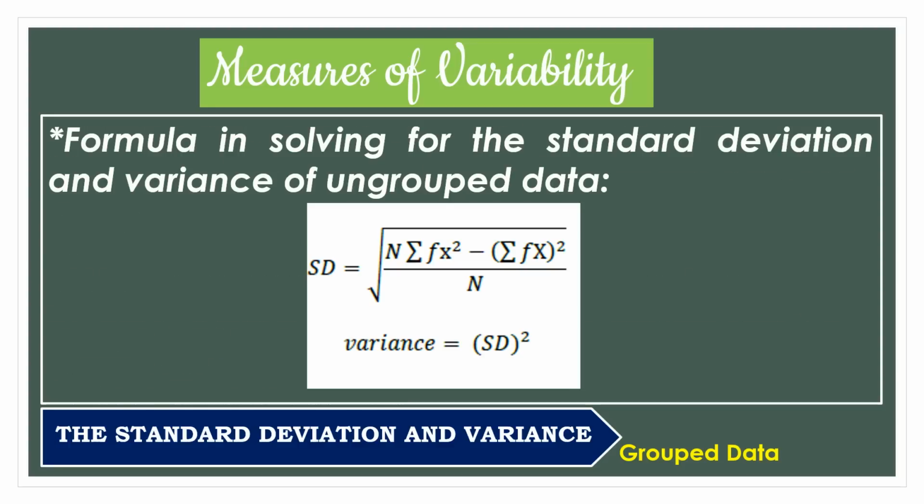Standard deviation is equal to the square root of n times the sum of the product of f and x squared, minus the sum of the product of f times x, the quantity squared, over n. When we square that, the result is the variance.